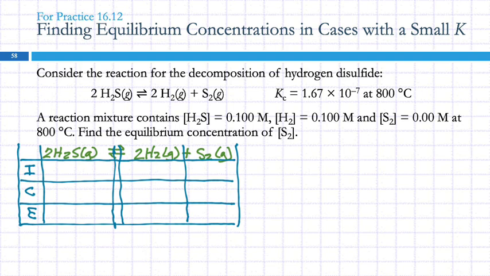Okay? Let's put in the initial concentrations that we were given. So we're told that the H2S was 0.1 molar. And that is a small number, but in terms of concentrations, it's actually fairly large.